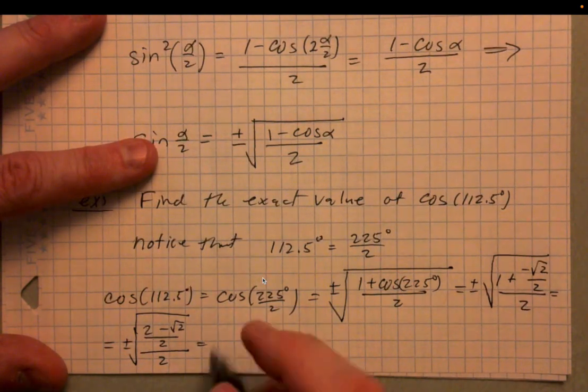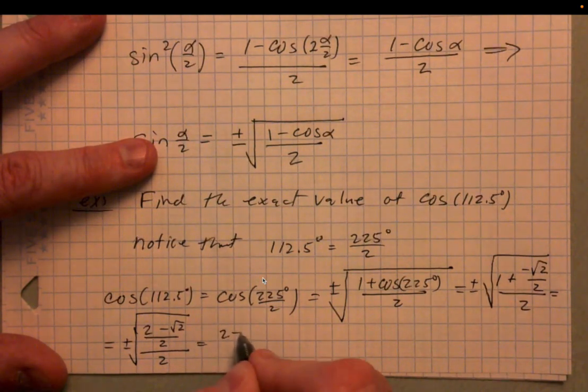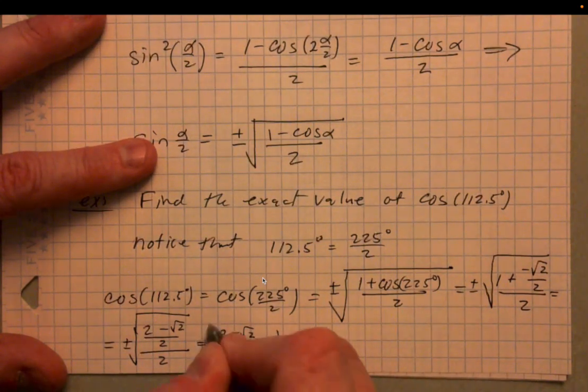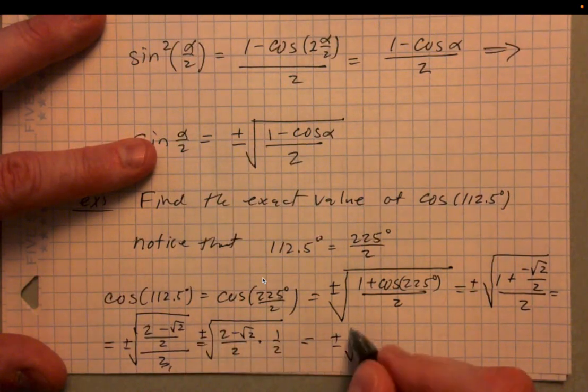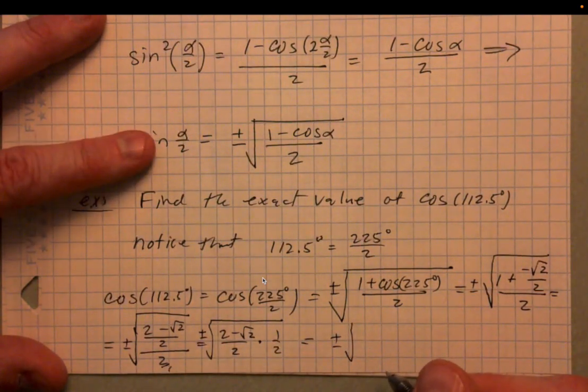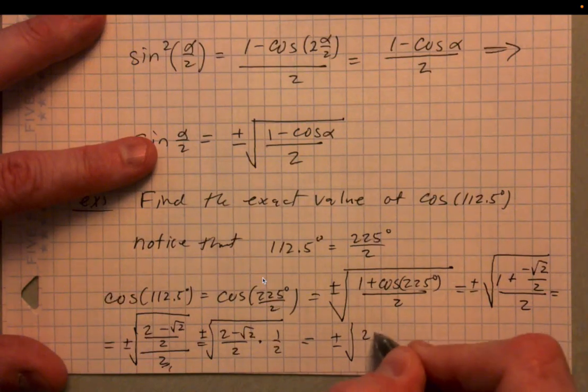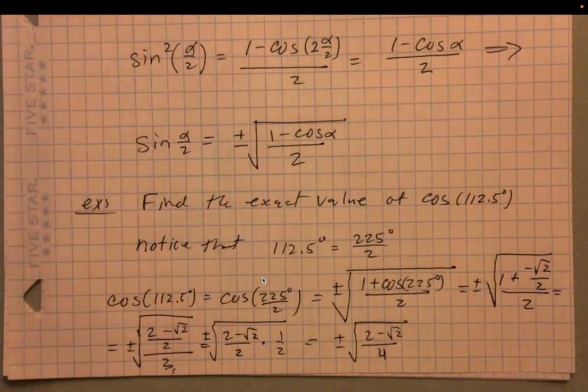Then this would be like (2 minus the square root of 2) over 2 times 1/2. Just remember that's over 1. And so what do we get? We get, again plus or minus, the square root of (2 minus the square root of 2) over 4.